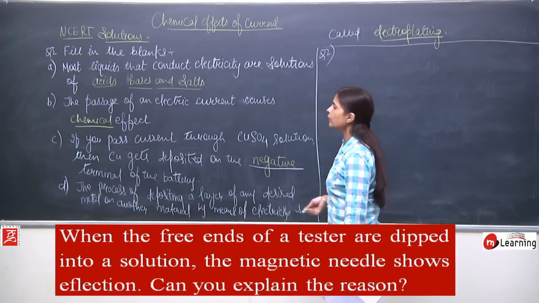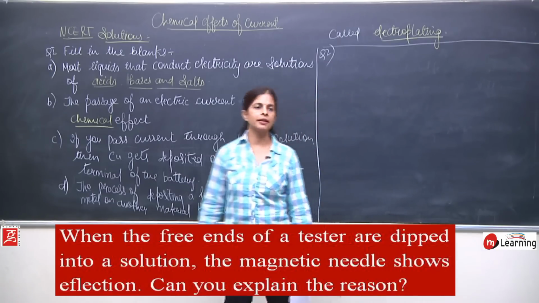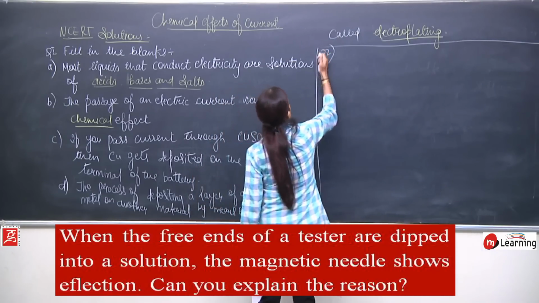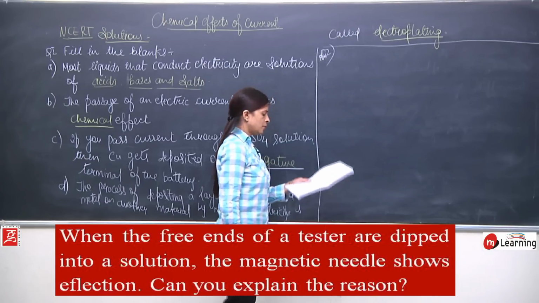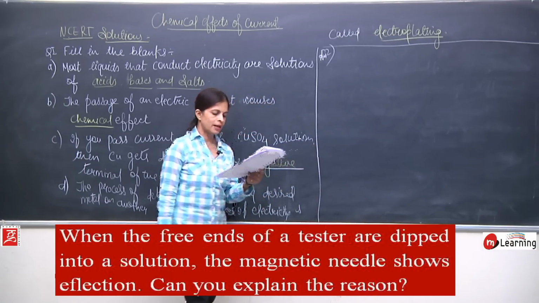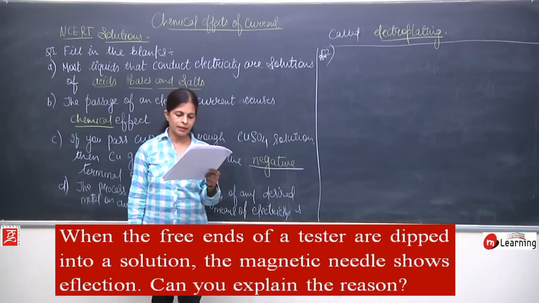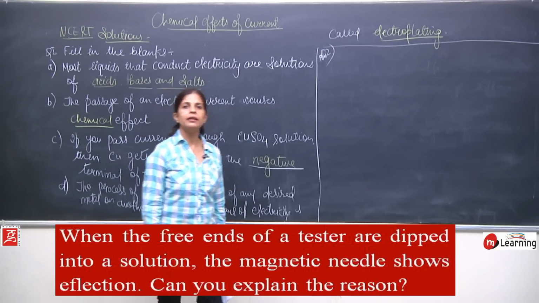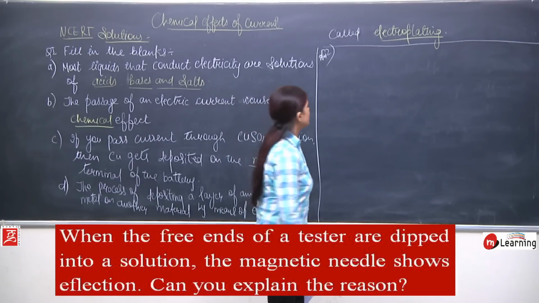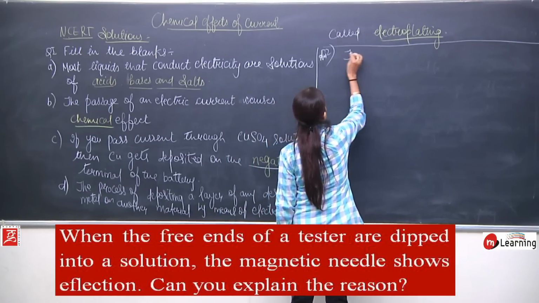So what does it prove? Now I won't be writing the questions, I will be writing the answers. So let's talk about answer number 2 now. When the free ends of the tester are dipped into a solution, the magnetic needle shows deflection. So the deflection of the needle, what does it show?